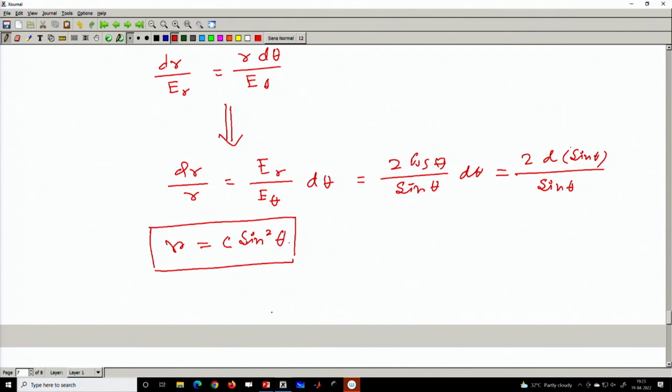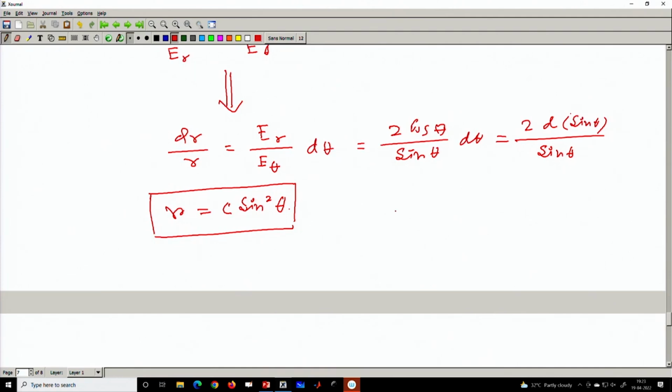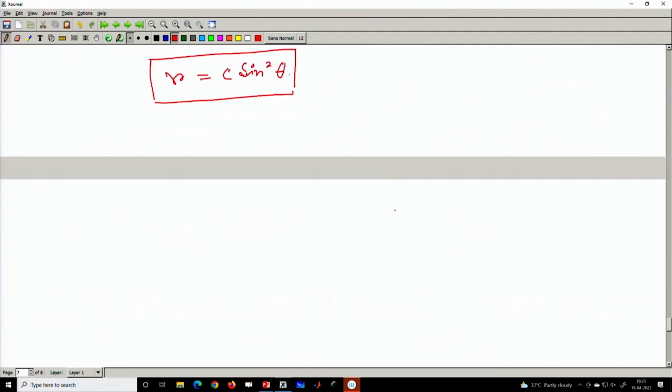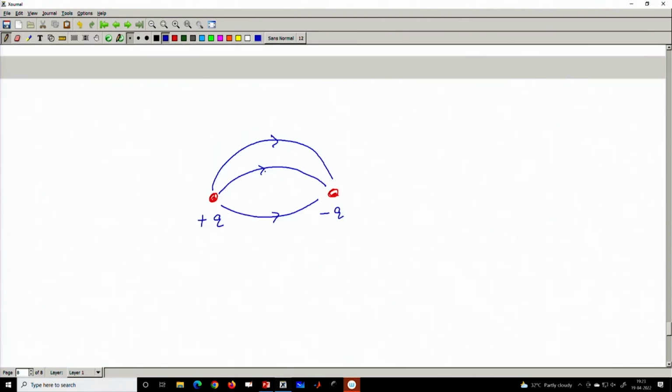So, what kind of field lines? The field line looks something like this. I have a dipole here, suppose this is plus q and minus q, and the field line is going like this, and the equation that we get is simply, in polar form, r equal to c sin square theta.